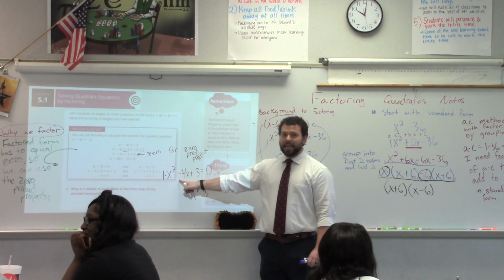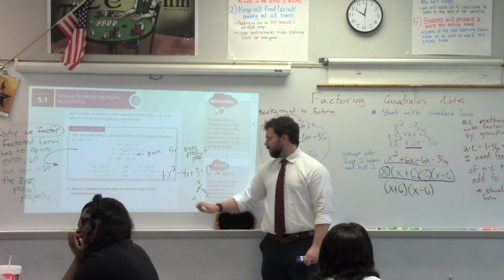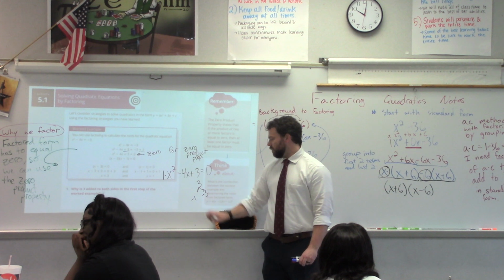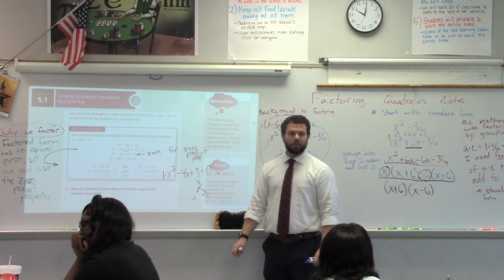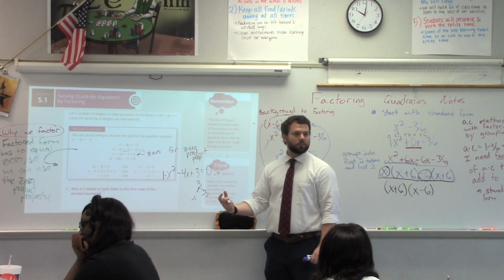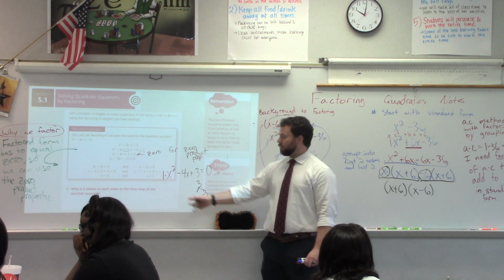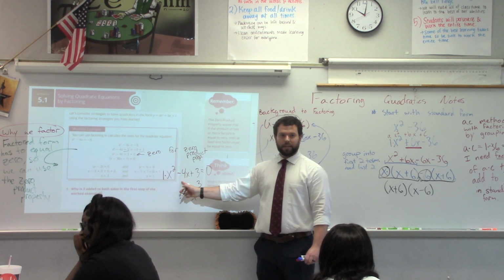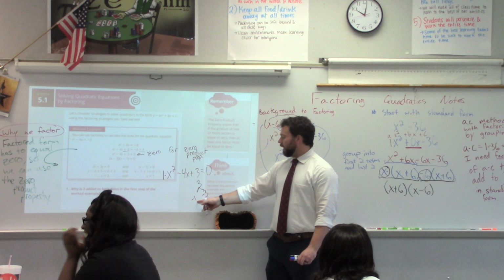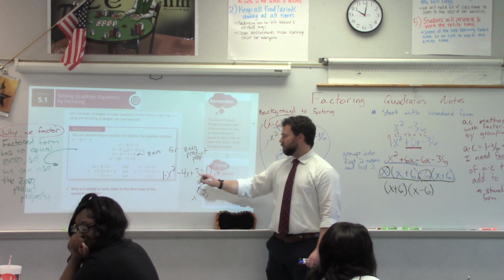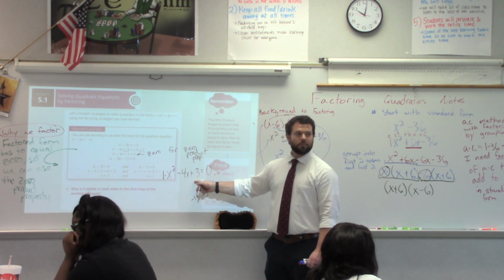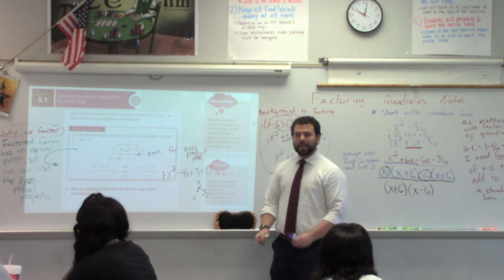But for them to be negative 4x, it has to be a negative 1 and a, would that give me the negative 4x in the middle? Negative 1 minus 3? Negative 4? Yeah, guys. Negative 1 times negative 3? 3.